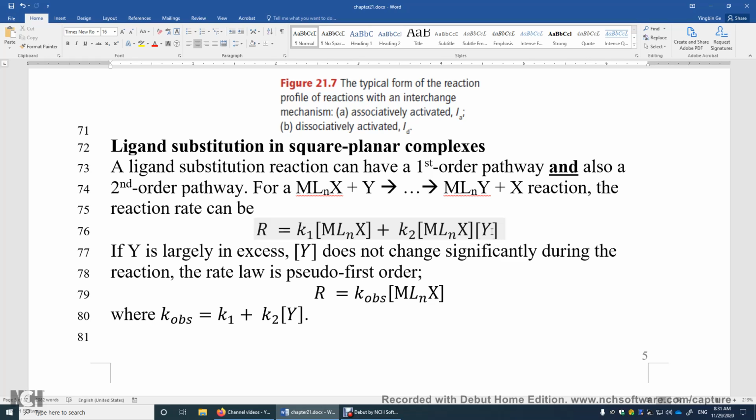Approximately. So you can imagine you have tetrachloroplatinate(II) dissolved in water. Let's say we're using water to replace the chloride ligands, and then the chloride ligands will leave the transition metal complex and get dissolved in water. Does that change the concentration of water? Maybe a little bit.